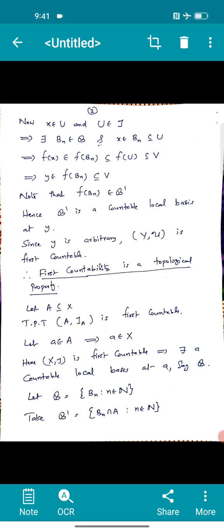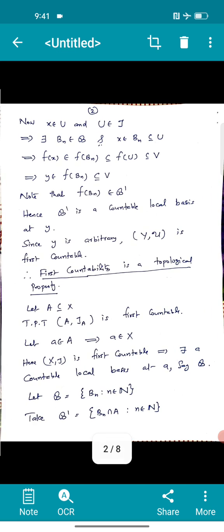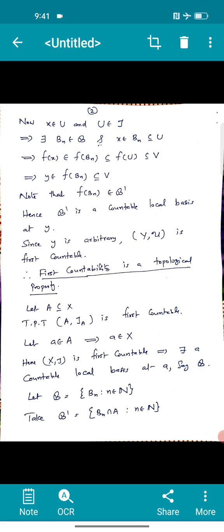This implies there is a basis element Bn in B such that x is an element of Bn subset of or equal to U. This implies f of x is an element of f of Bn, which is a subset of or equal to f of U, subset of or equal to V. That is, y is an element of f of Bn subset of or equal to V.